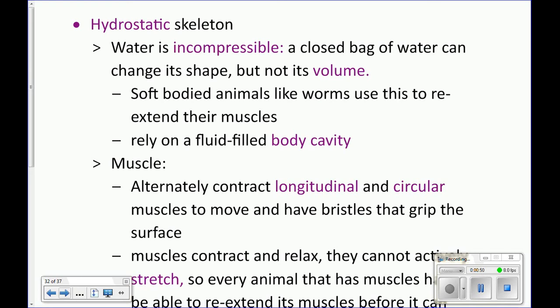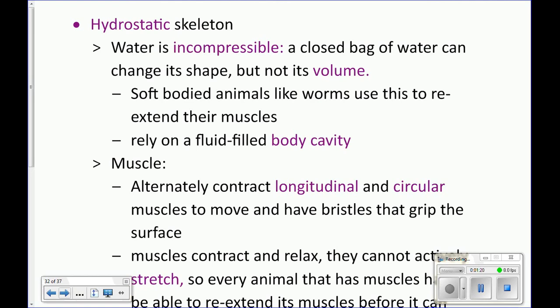If you squeeze that bag in your hands, you can change its shape, but you're not going to change the volume or the amount of water in there. You cannot actually compress water. It's impossible. All sorts of machinery depends on this property of water, that you cannot compress it.